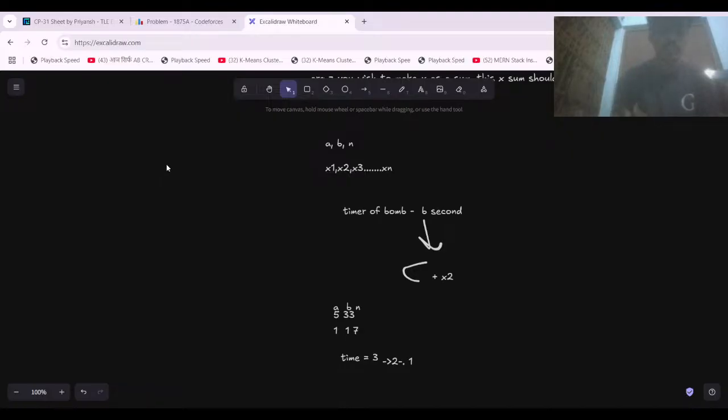Now from 5, I can have 4, 3, 2, 1, and this is 1 second, 2 seconds, 3 seconds, and 4 seconds, and then finally it goes to 0. So I can count this 1 second also, and when it reaches 0, finally it explodes. If you add all these small ones I've drawn, you will find this is actually 9, right? 9.